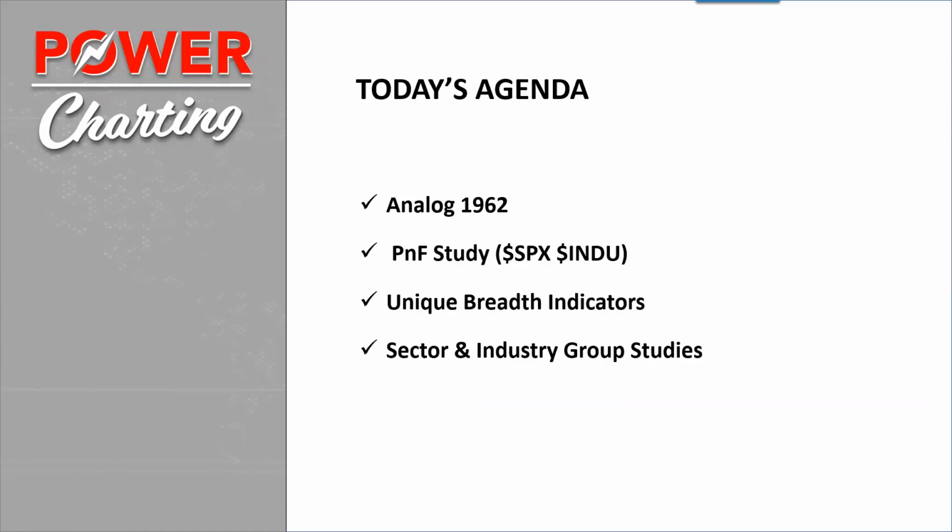If we have time, I'm going to keep track as we go, maybe some unique breadth indicators, and then sector and industry group analysis, with the idea here that we want to have the proper tools to be able to identify a proper cause, a cause of accumulation, a cause of redistribution. We want a good toolkit for that, something we talked about last week.